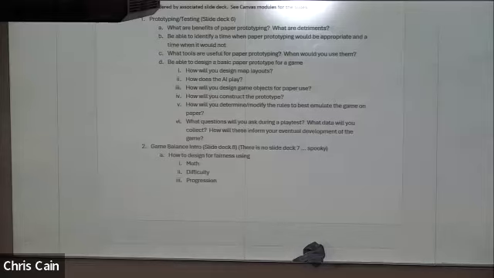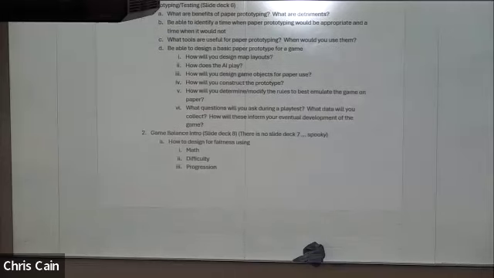So sub questions of that, things like, what would the map layout look like? How would the AI be making decisions? How would you be ensuring that the AI's decisions are interesting to the player or challenge the player at an appropriate level but are meant to be defeated? How would you design the game objects on paper?